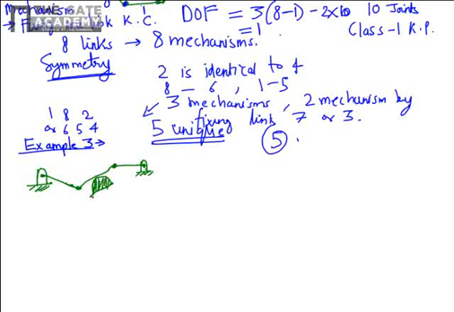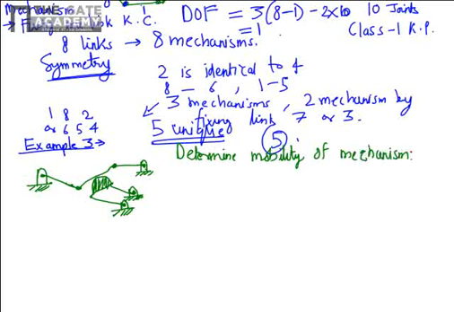So I'm sketching the CAM mechanism right now. The question asked is to determine the mobility of the mechanism. So we will go forward for solving this problem by using our usual Grubler's criterion approach.